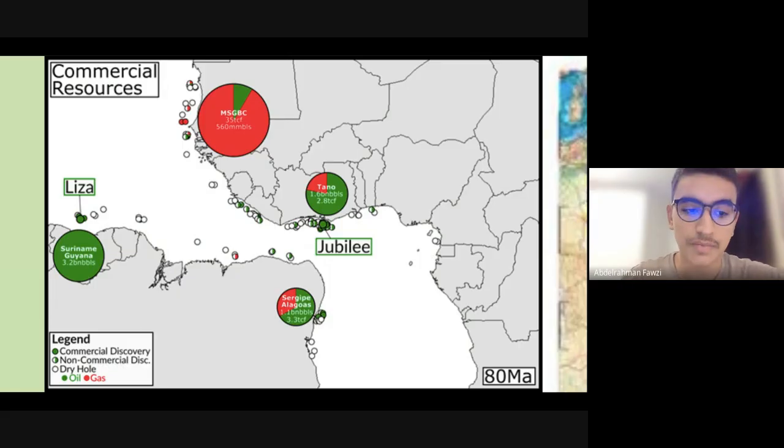Shell and some other companies tried to explore the region, but unfortunately they had dry wells, which means they didn't have any production. But ExxonMobil, on the other hand, tried to go further and further, and they could produce. Before 2015, Guyana had zero production of oil.